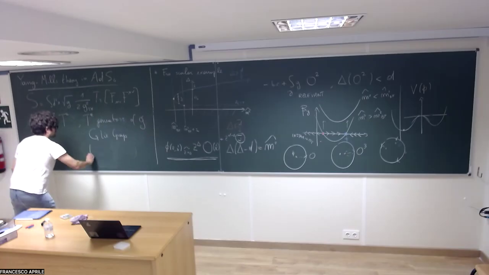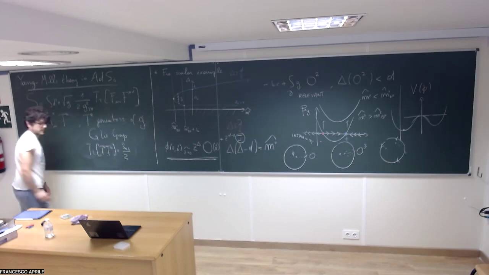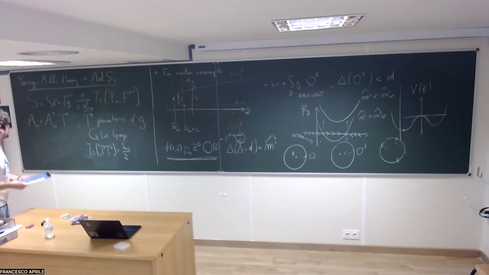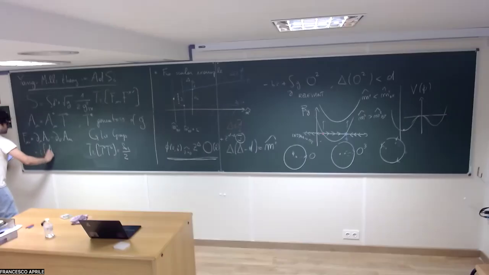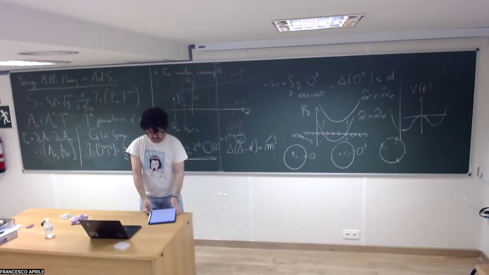I'm choosing the normalization. It is like this, which has this piece minus A coming later.